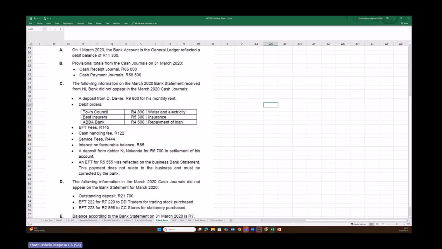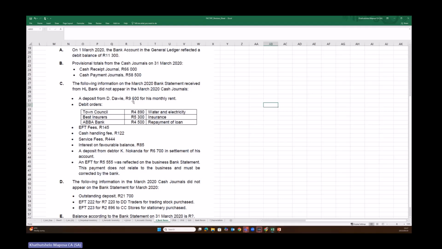Then they say the following information on the March 2020 bank statement did not appear in the 2020 cash journals. Who has to correct the mistake here? It's us as the business, because they say the bank has these transactions and we do not have them on our side.